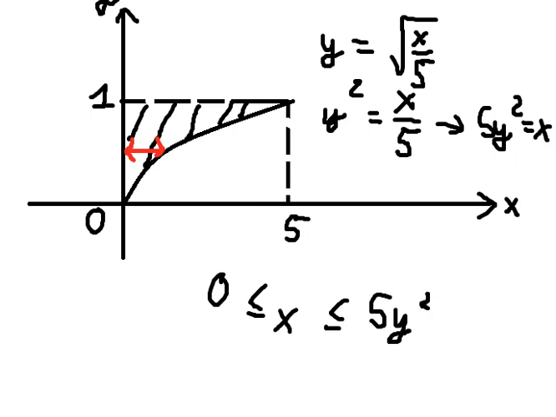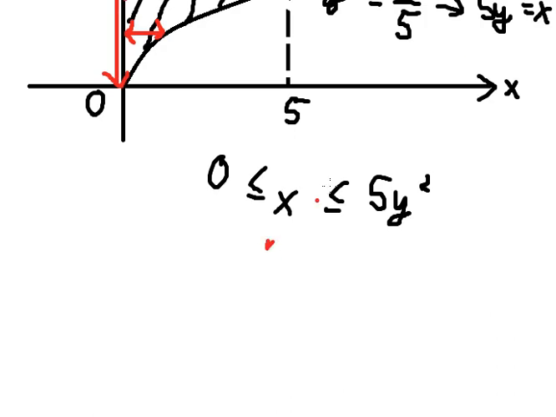And now we go for y. Y, that is about this one. So we can see that y is between number 0 and number 1. So in this one, we have the bounds for y.